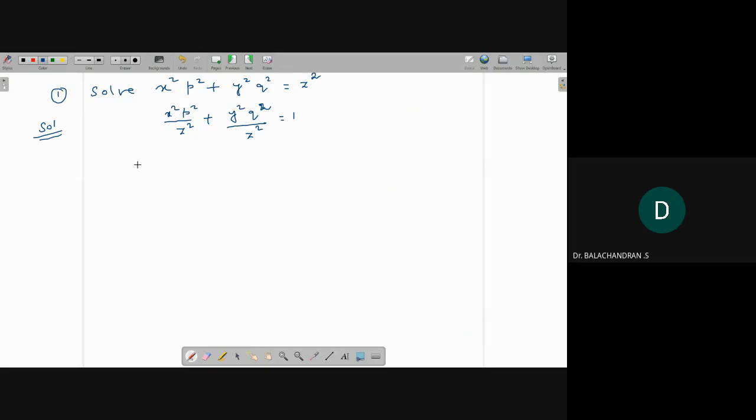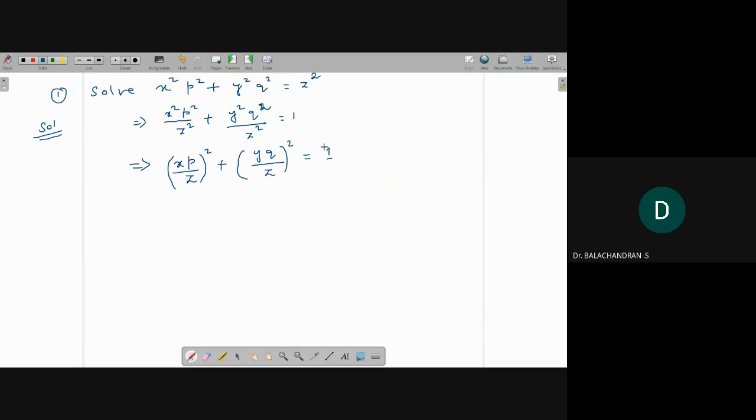So I will write (x p by z) whole square first, plus (y q by z) whole square is equal to 1.